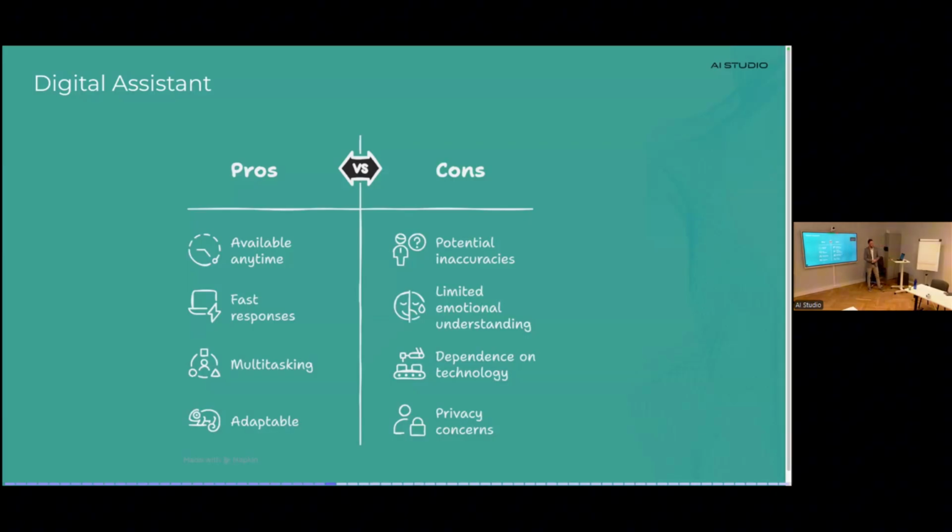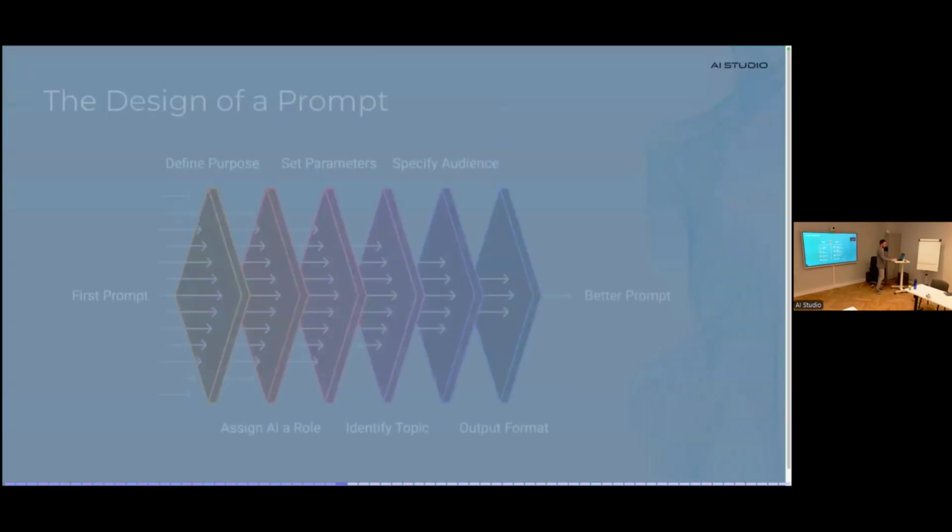There's no emotional understanding, because sometimes even I don't understand from text what's meant and what's emotional. Not talking about machines. We become more dependent on technology. We outsource thinking in a way. So we have to develop thinking, not outsource it. And as we talked about previously, privacy concerns.